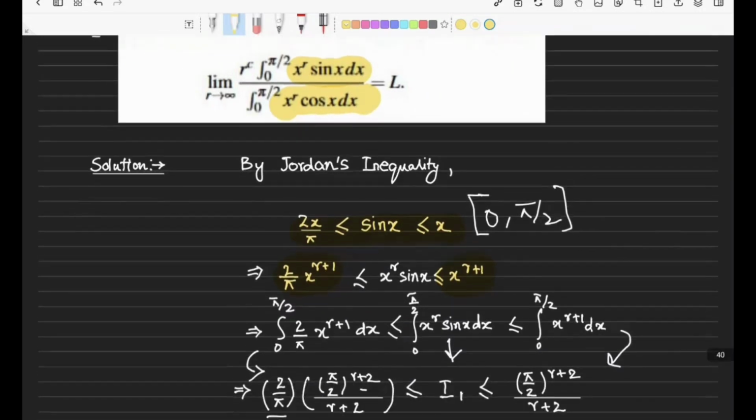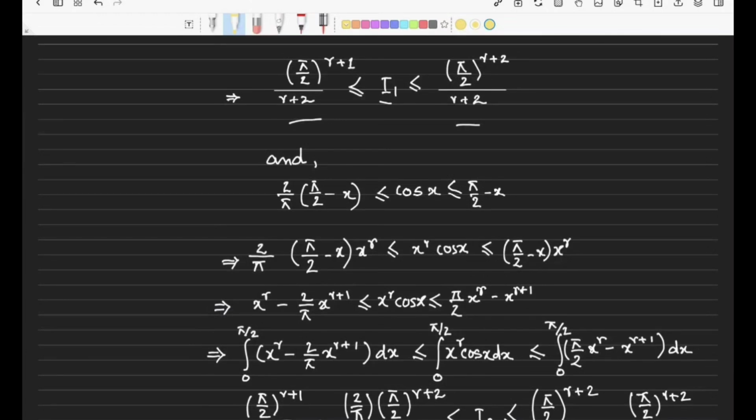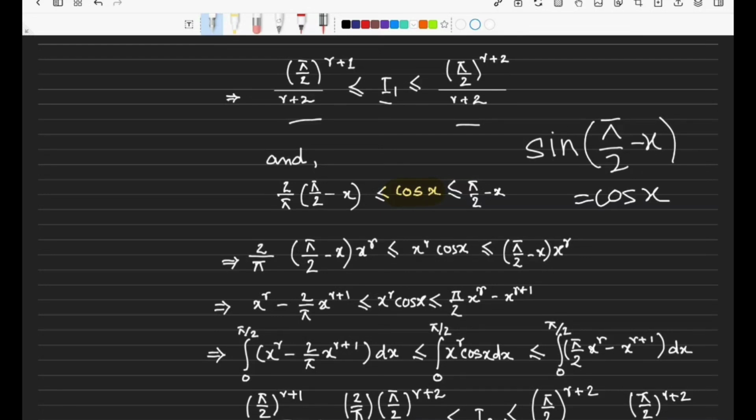The denominator. Now for the denominator, when we take cos of x, we know that sine of pi by 2 minus x is equal to cos x, right? So what we do is we apply the values of pi by 2 minus x in terms of x.